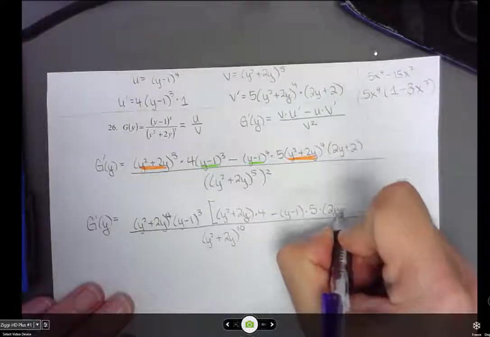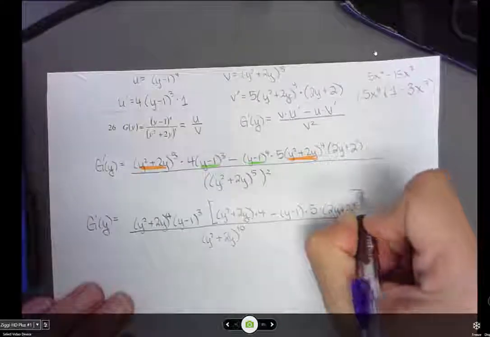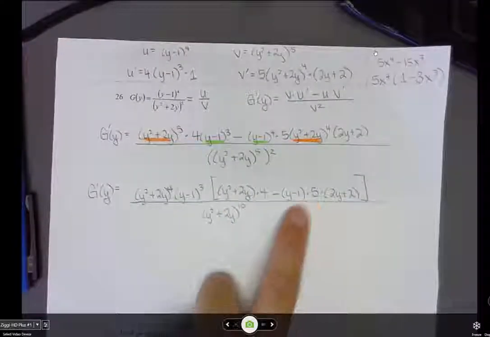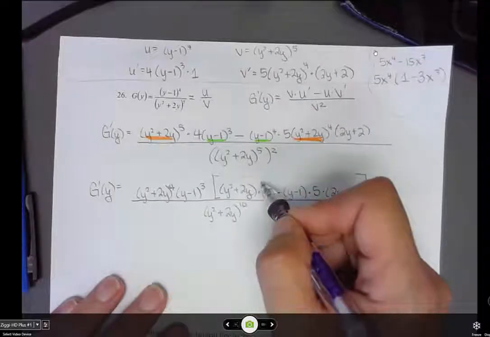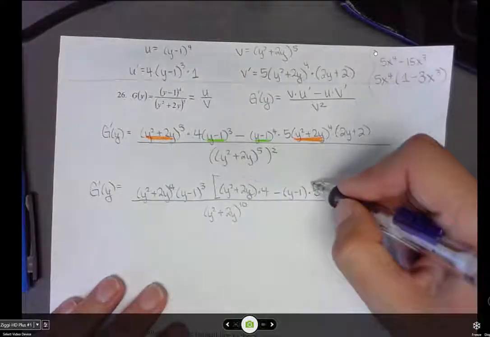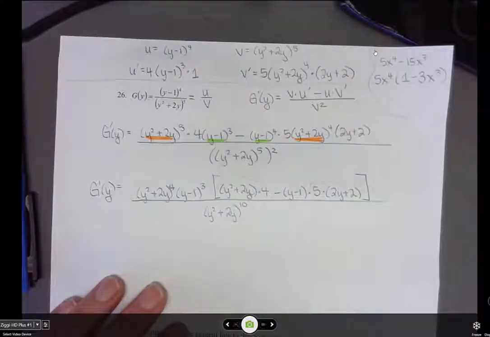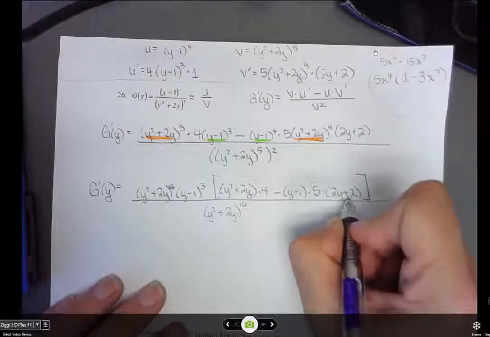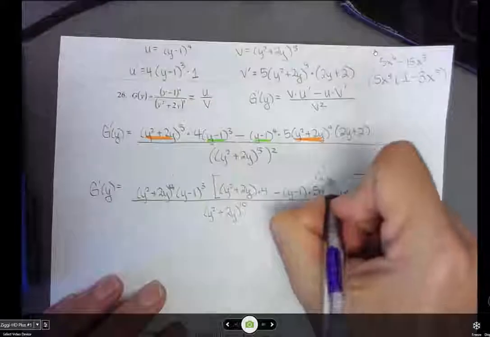Now you want to simplify inside these brackets. So I'm going to distribute the 4. I'm also going to multiply these two together and then do FOIL. So if I multiplied those two together, I'd get 10y plus 10. And then we'll do FOIL there.